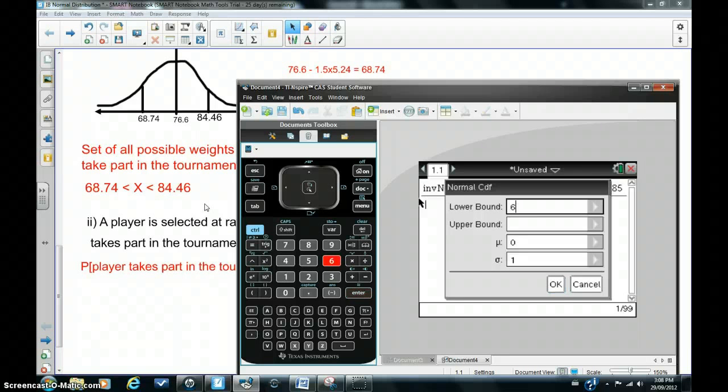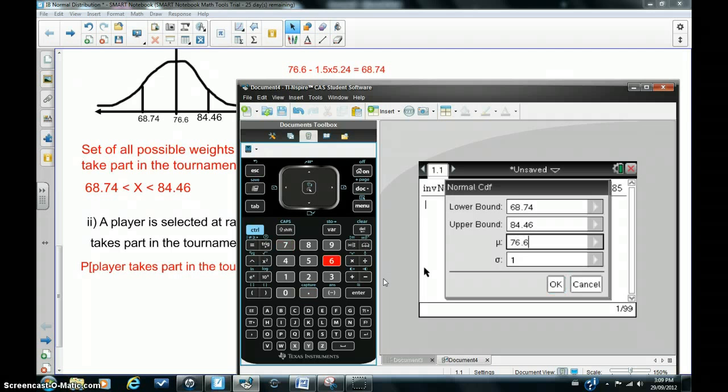So I'm going to put 68.74 in here. It's the lower bound, and the upper bound 84.46. Now, because I've used these two values, I need to use the original mean weight, which was 76.6, so I'm going to put that in here.